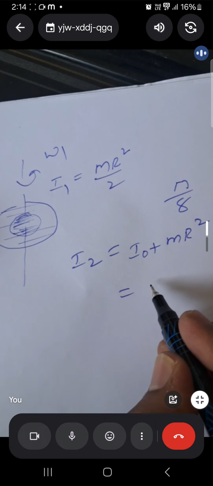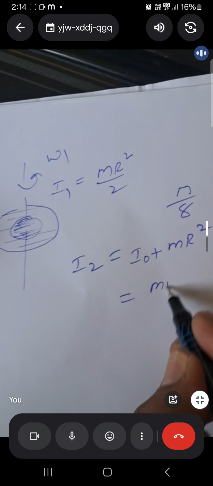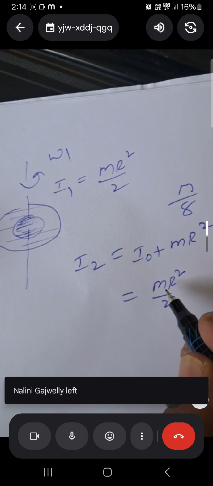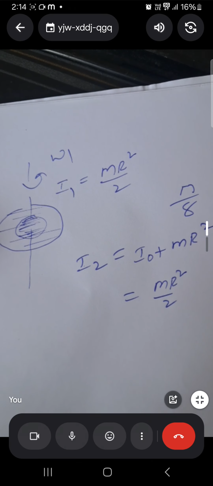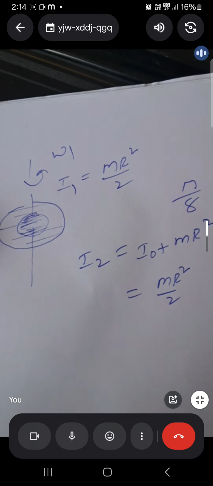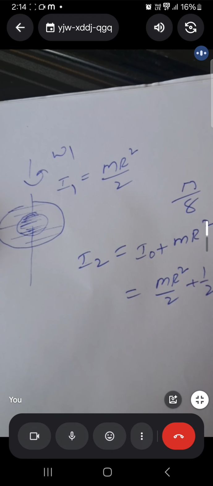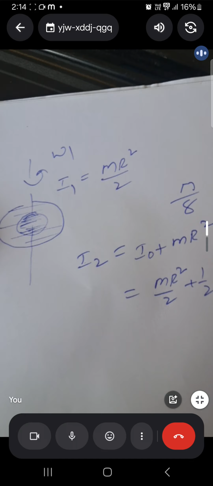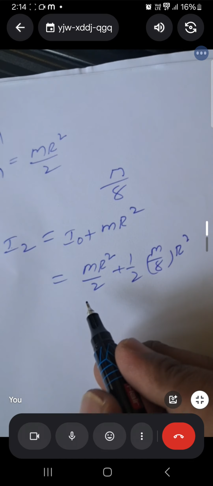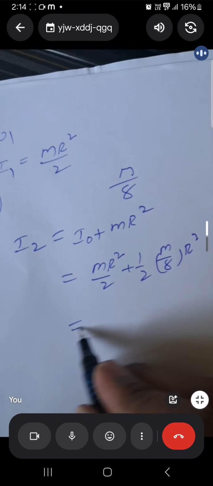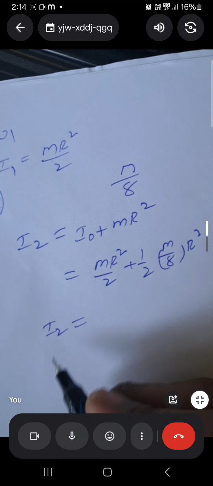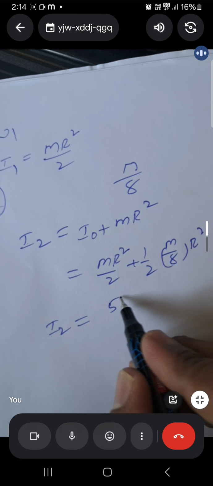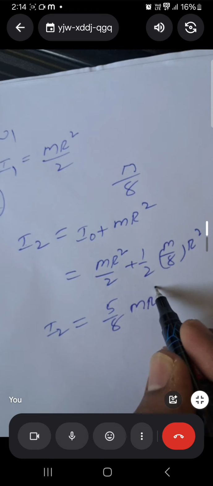I naught is the disk, that is m r square by 2, plus the mass of the object m by 8 times r square. Finally, the moment of inertia I2 is 5 by 8 m r square.